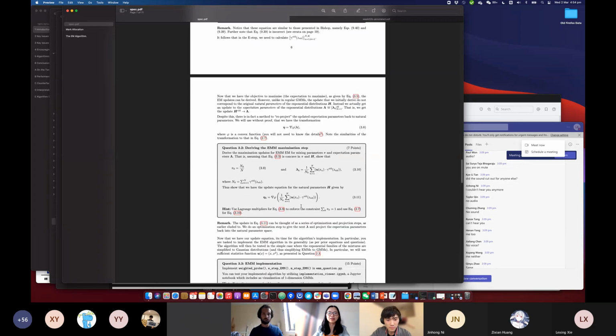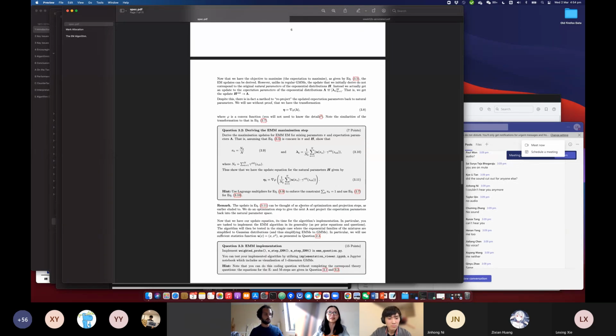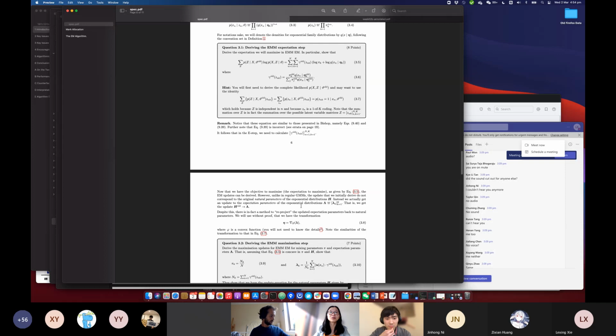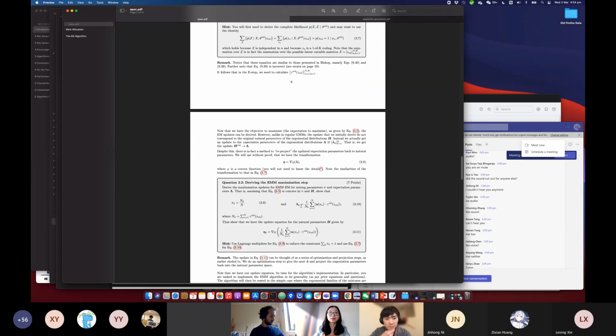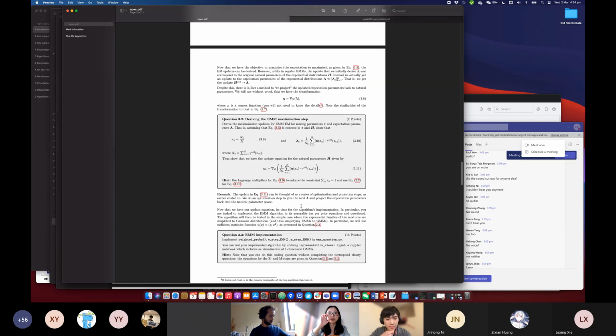We'll have an EM tutorial as well, which I think is somewhere nearby. Right, okay, so the first question is to derive the expectation step. The second question is the maximization step for the exponential family, and then implement it. People may have different places that they are more comfortable to start.